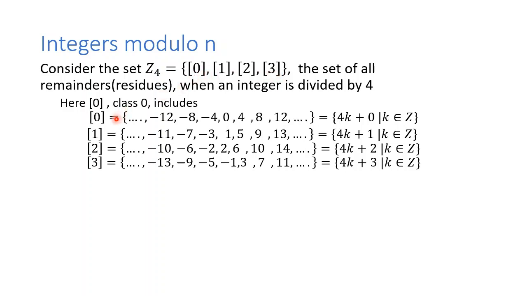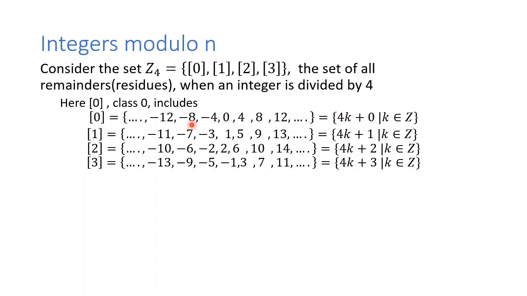Class 0 is the set of all integers which are multiples of 4, which on dividing by 4 will yield a residue 0. That is, the remainder will be 0 when you divide any of these elements by 4. So you can represent it as the set of all 4k plus 0 where k belongs to Z. That is, multiples of 4.